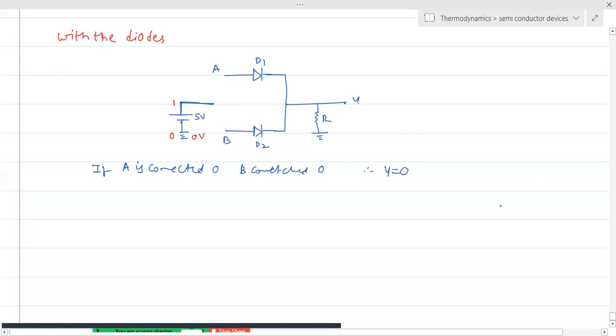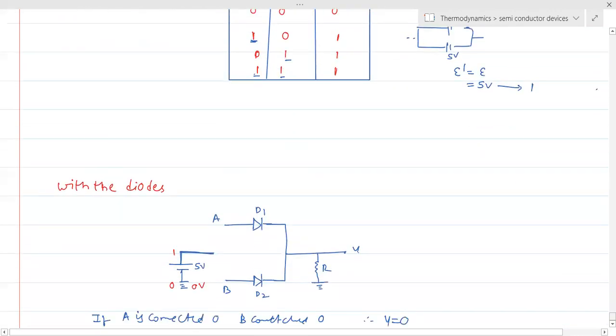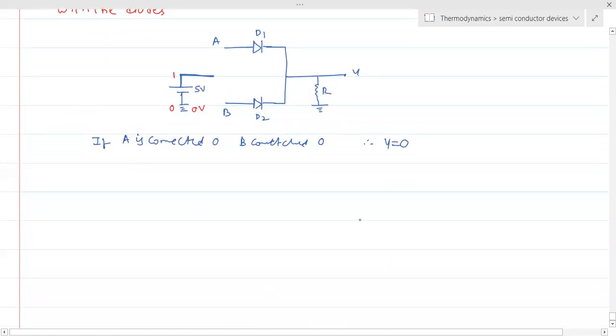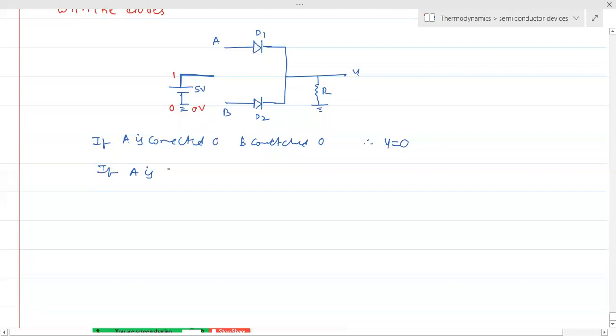So that is the beauty of this picture. Now we will analyze further. Suppose A is connected to 1, where 1 means 5 volts, and B is connected to 0.